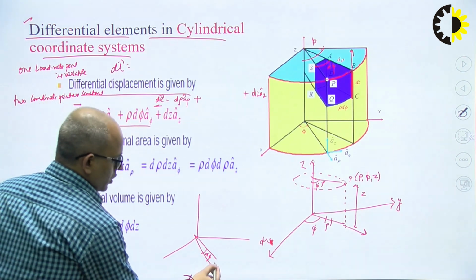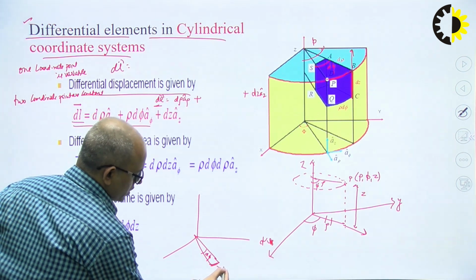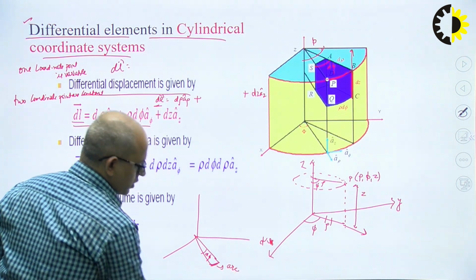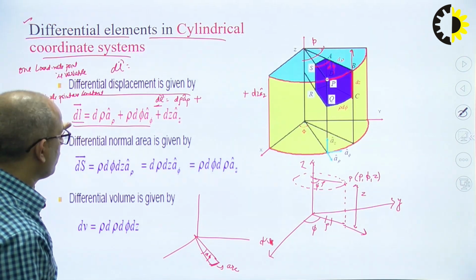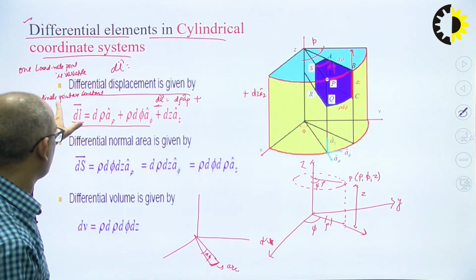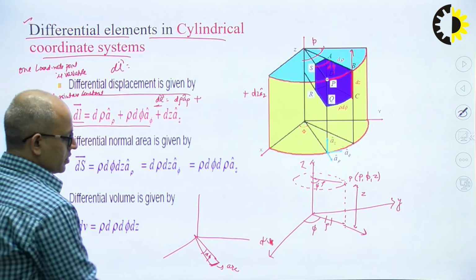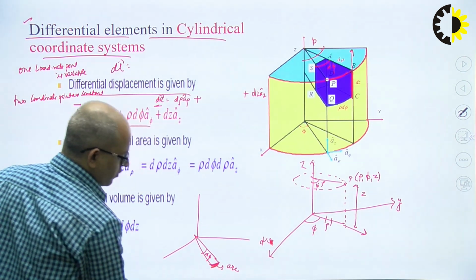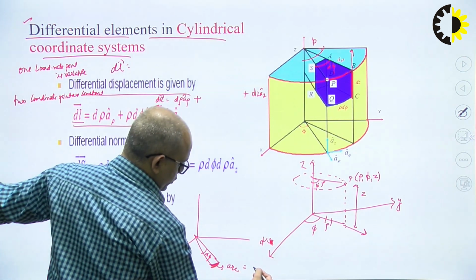Clear? So this phi differential length will be what? This arc is the differential length when rho and z are constant, phi is the variable. So this differential length will be what? Arc, and this arc is equal to what?